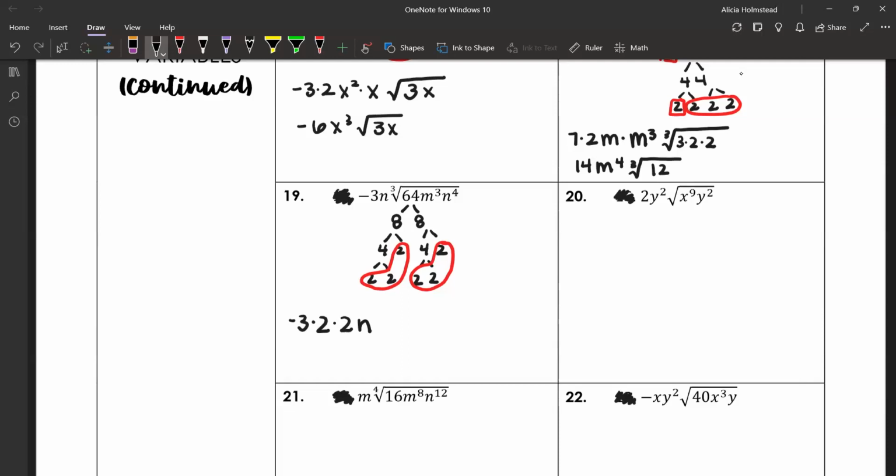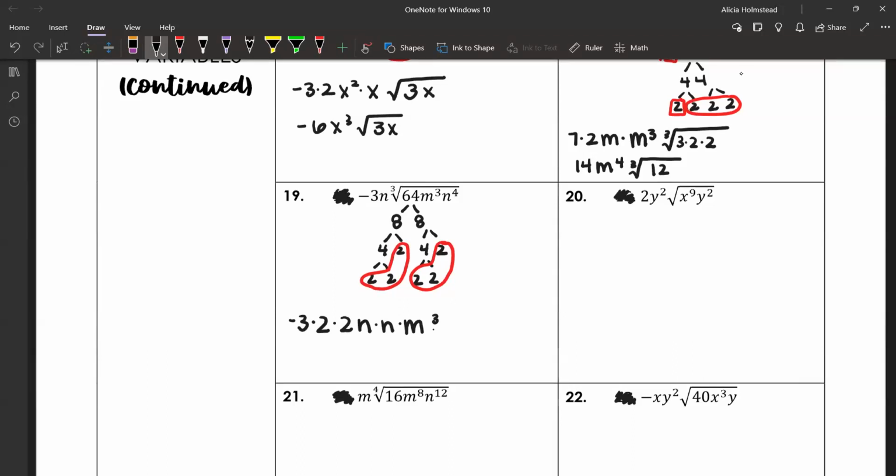Oh, it looks like there's some m's, so we'll come back to those. Look at the n's first. So there's 4 n's, which means there's one group of 3, so we can pull out one n with 1 left over. And then the m's, there's 3 of those, and we're looking for groups of 3. So there's one group of 3, which means we can pull out an m with none left over.